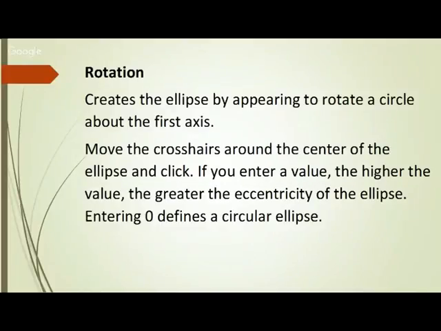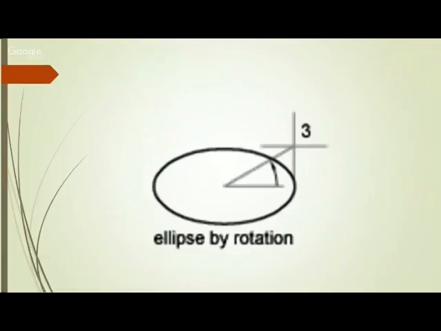Then one more field it will ask is rotation. This will be clear when we draw it. This is another method, how to draw an ellipse by a rotation method.